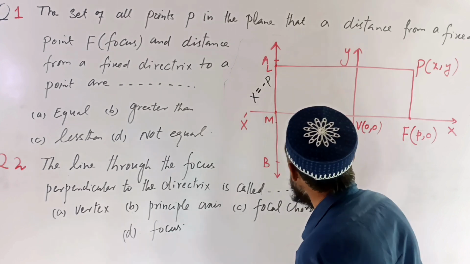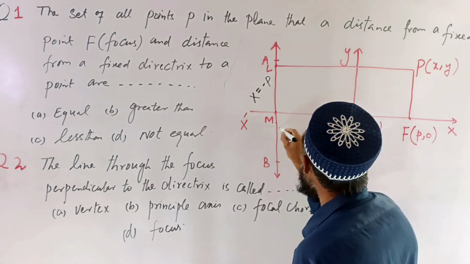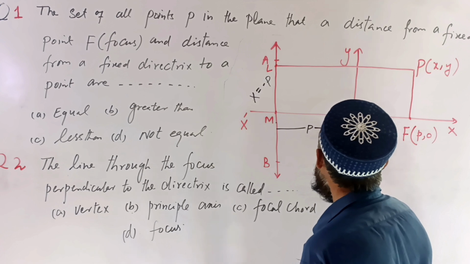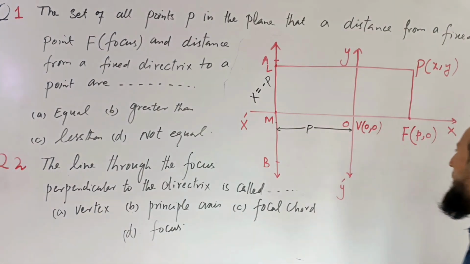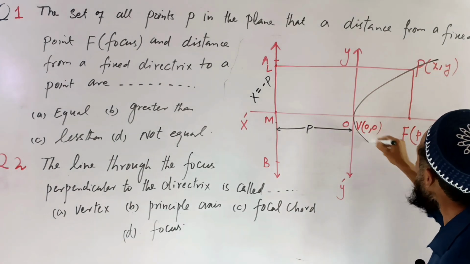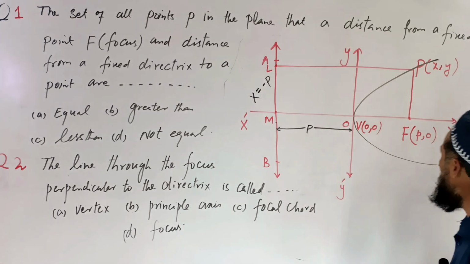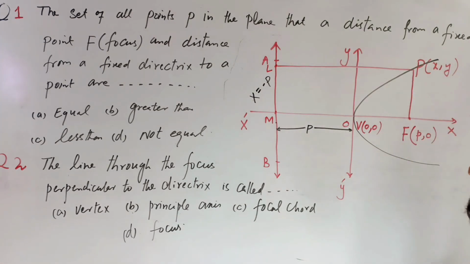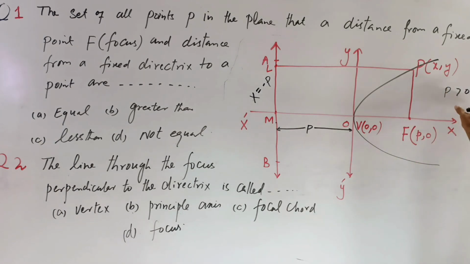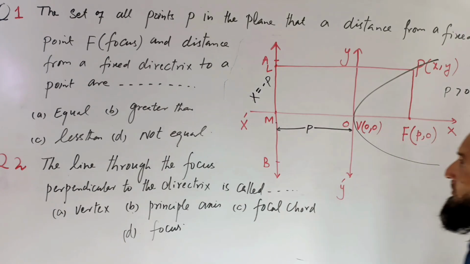P is any point at this distance, and we draw the parabola from the vertex, which lies in the plane. Here p is greater than 0, so that is called a right side parabola, because p is greater than 0 along the x-axis.